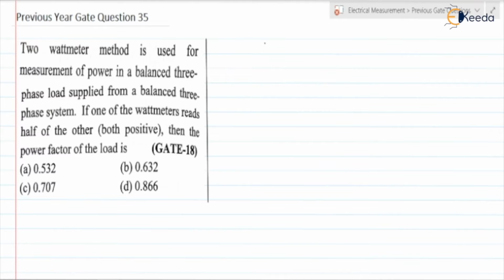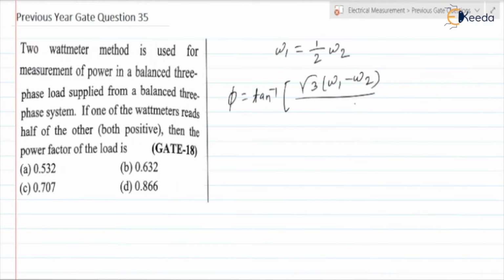So we have the 2 wattmeter method and it is given that one of the wattmeters is reading half of the other. So it is given that W1 is equal to 1 by 2 into W2. As we know, here phi is equal to tan inverse of root 3 into W1 minus W2 upon W1 plus W2.